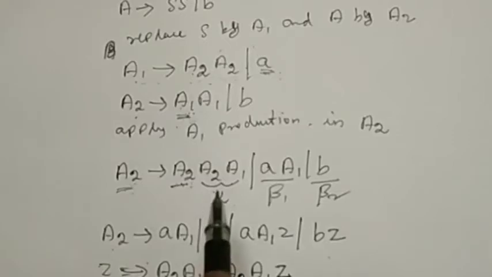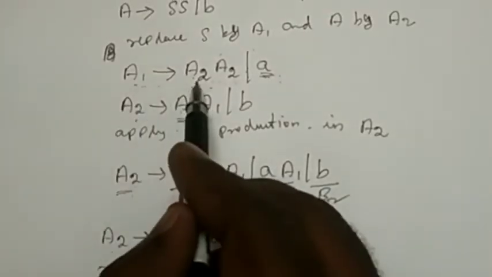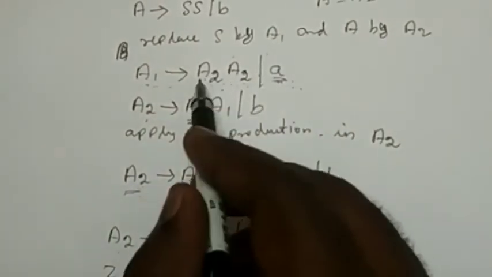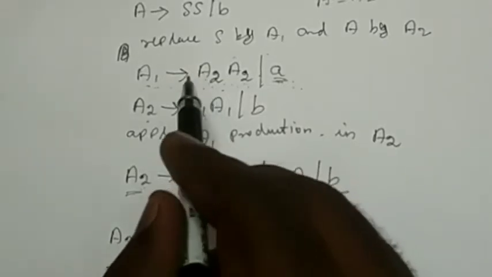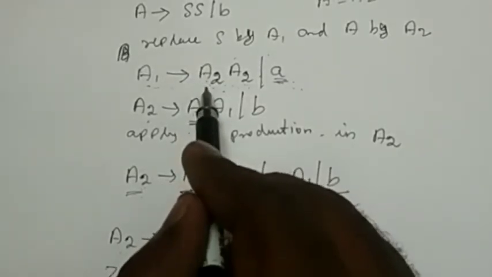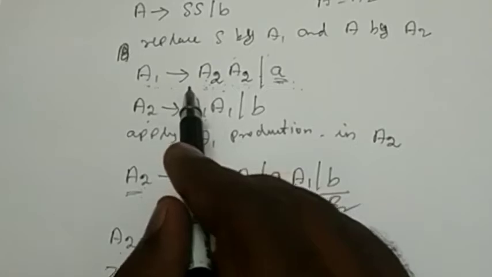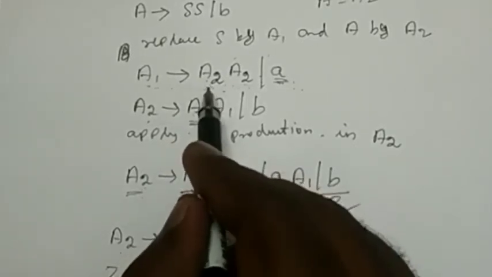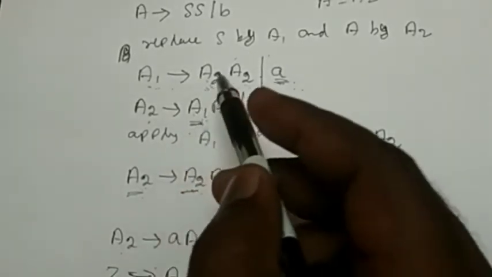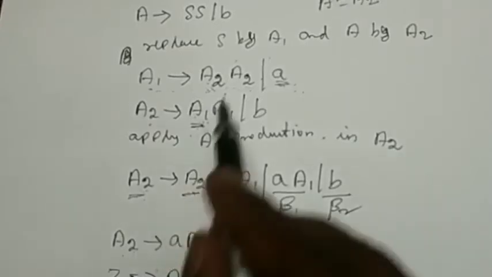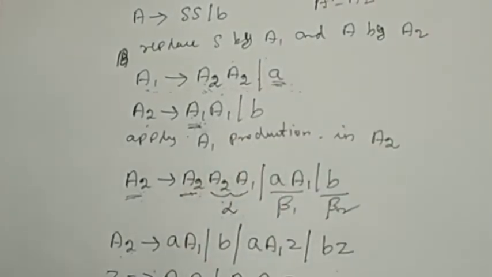Now what is the original equation of A1? A1 tends to A2 A. Normally Greibach's normal form has to start with a terminal. A2 is a non-terminal. So you have to substitute this A2 in A1. Now apply this A2 in A1.